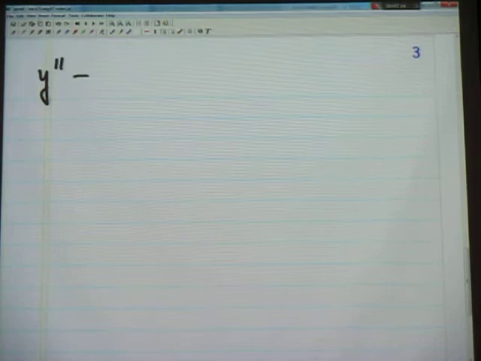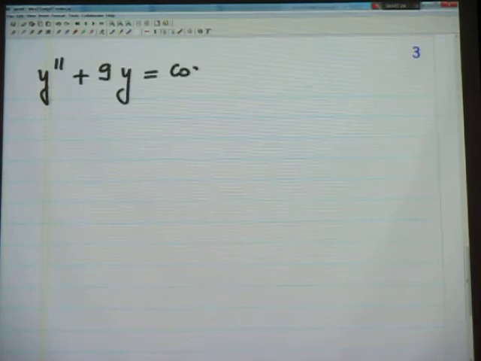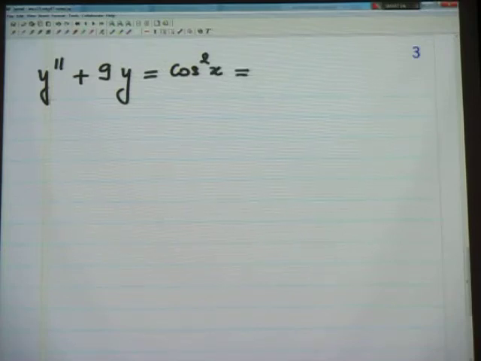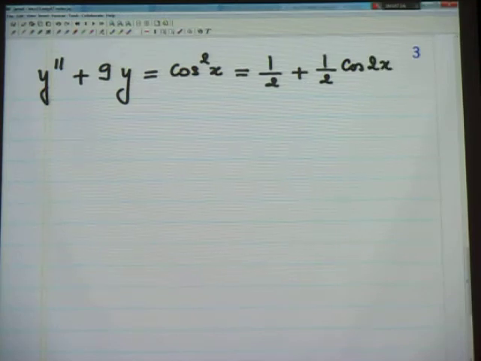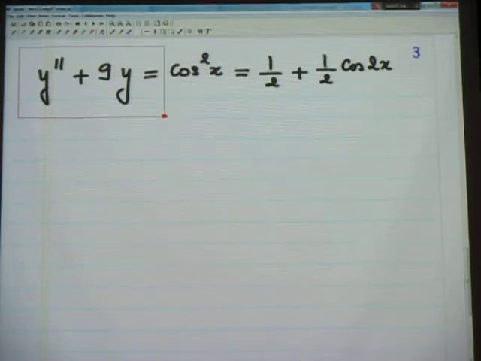y'' + 9y = cos²x, right? And that, in terms of Fourier series, is 1/2 plus 1/2 cosine of 2x. So again, the problem can be decomposed into the homogeneous part and the particular part.